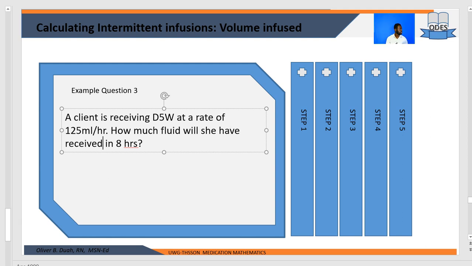Okay, so now we know the rate and the time that has passed after the infusion was started. We just need how much fluid has infused.